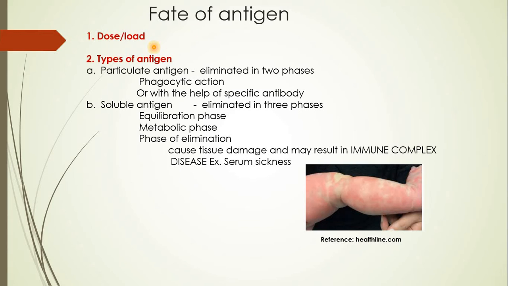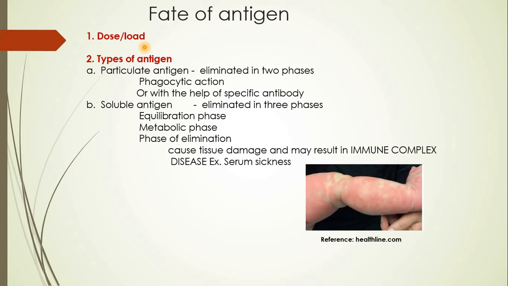So let us begin our discussion. Fate of antigen totally depends on the physicochemical nature of the antigen, its dose and route of entry. It also depends on antigenic stimulation, which means whether it is primary or secondary. The first one is dose or load.